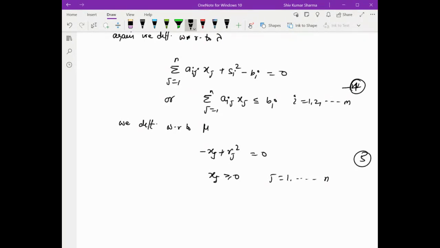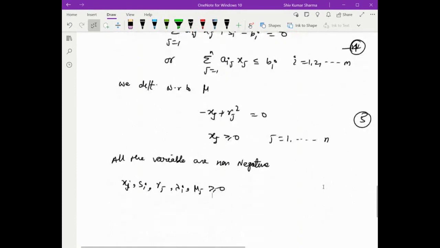So this is the general formulation. We write here all the variables are non-negative. That means the variables we are talking about, xj, si, rj, lambda i, mu j, are all greater than or equal to 0.